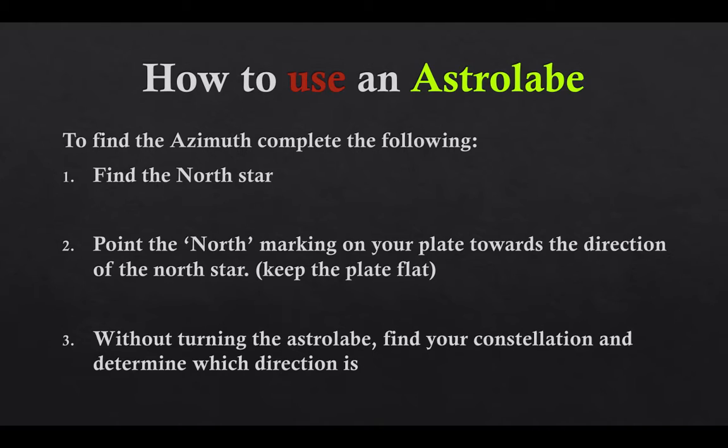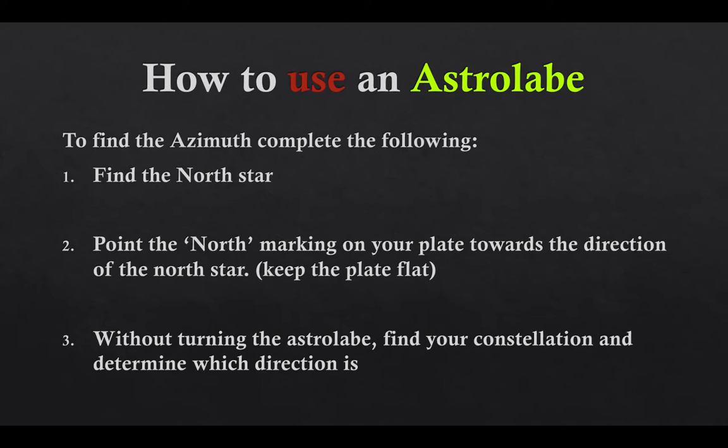If we want to find azimuth, remember, azimuth is the one where you are starting at north and you're rotating until you find your star. What you're going to do is point north, or 0 degrees, on your protractor at the North Star. And then you are not going to turn your astrolabe.